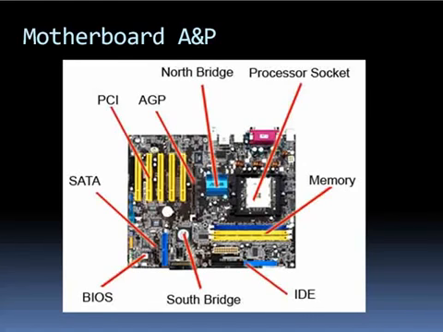You're going to see we've got the North Bridge, processor socket, you have memory, you have your IDE, you have your South Bridge down here, your BIOS and your SATA and your PCI slots. And right here's an AGP slot.